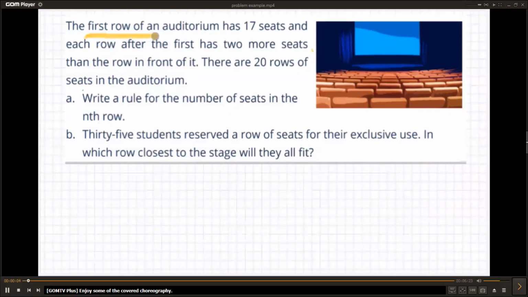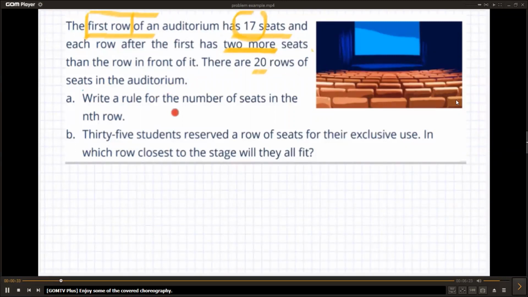Write the rule of the number of seats in the nth row by identifying what is given in the problem. The given here is the first row, which stands for the a sub 1 or your first term. The number of seats in the first row is 17. Then each row after the first has an additional 2 seats than the row in front of it.